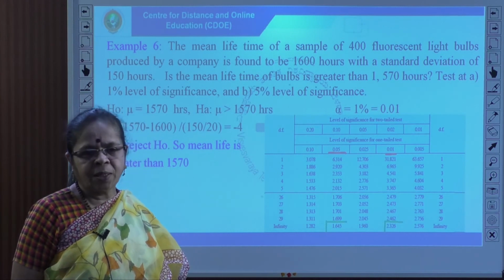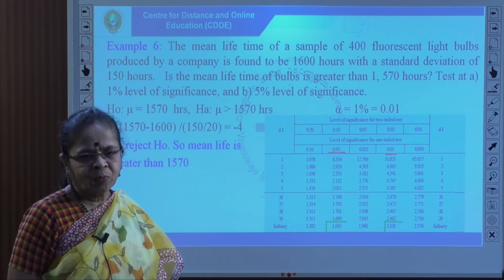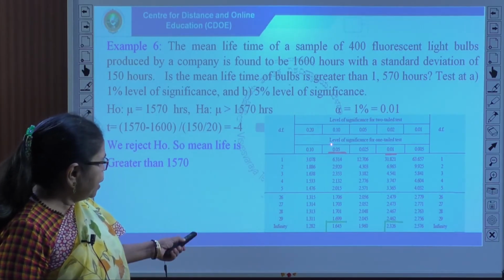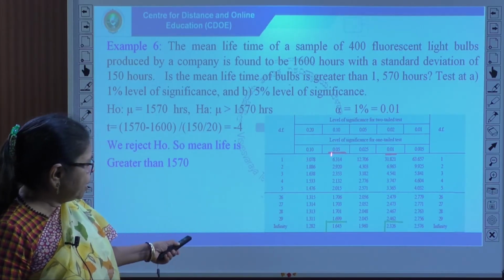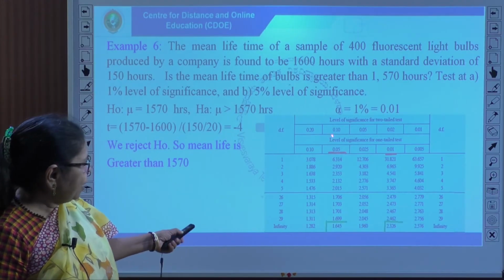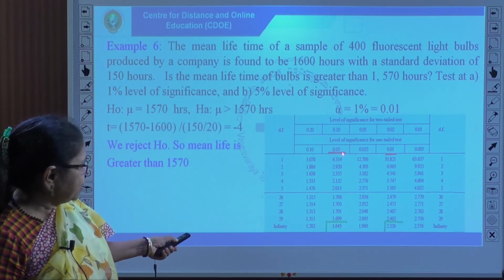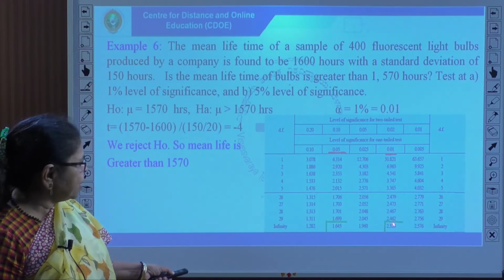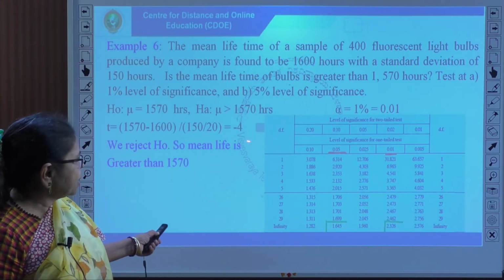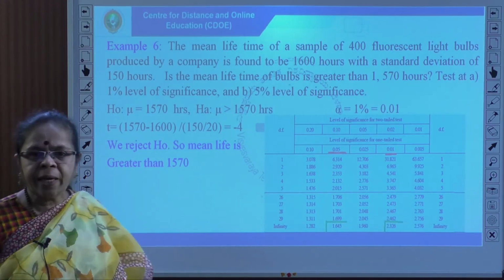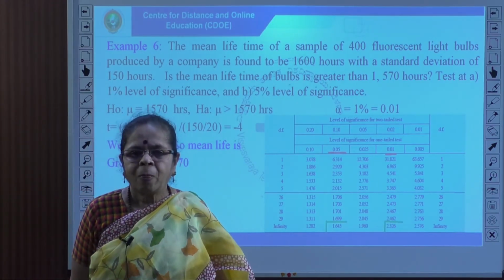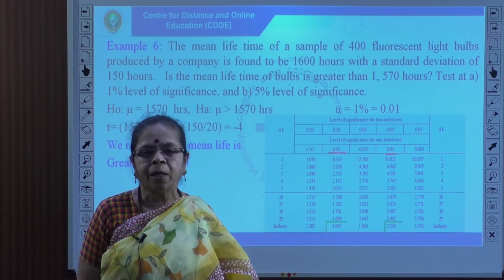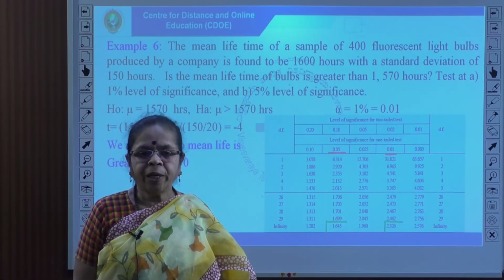So, here you can see the value at 5% is 1.64, and at 1% significance it is 2.32. This magnitude is greater than this in either case. So, it is greater than the critical value, I reject H naught.